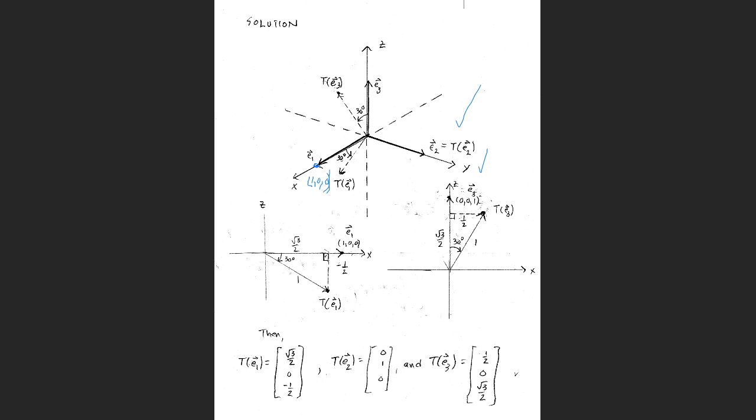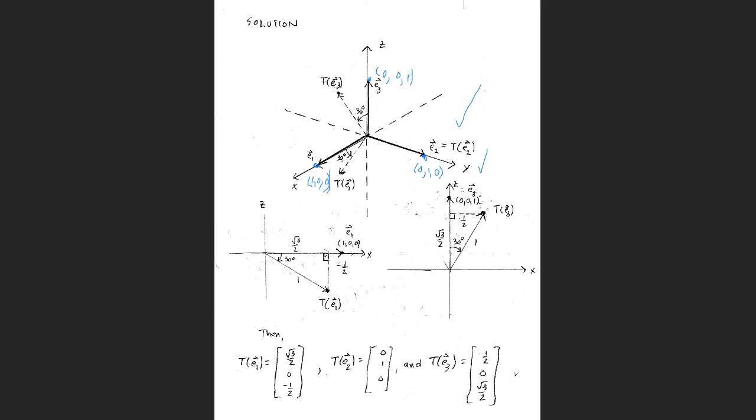E2 has coordinates 0, 1, 0. And the E3 vector has coordinates 0, 0, 1.